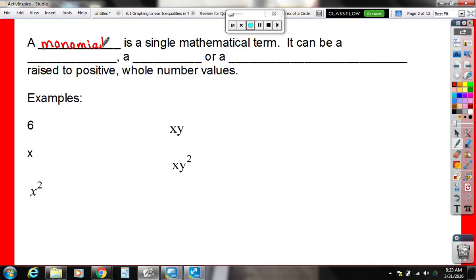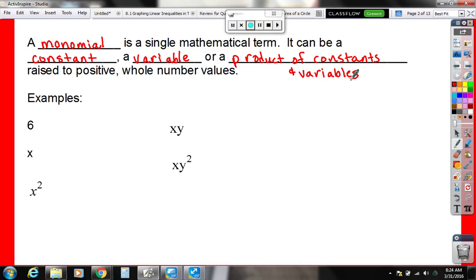It can either be a constant, a variable, or a product of constants and variables. And it can have exponents. It can be raised to positive whole number values. So these are all examples of monomials.